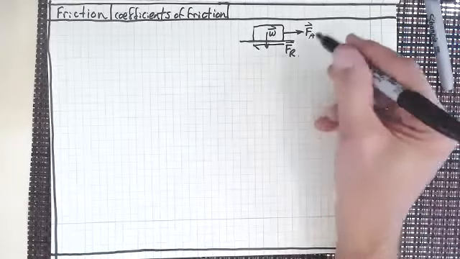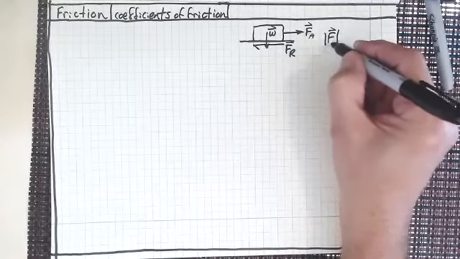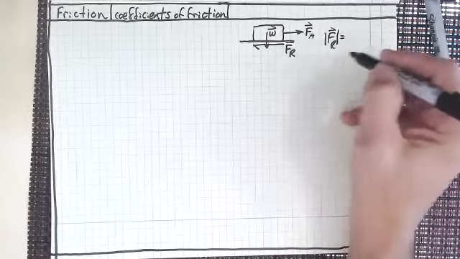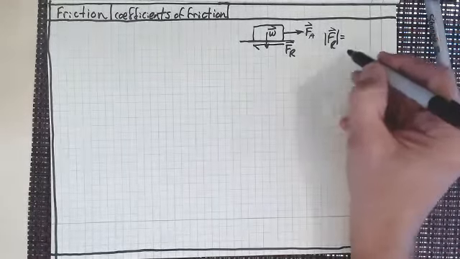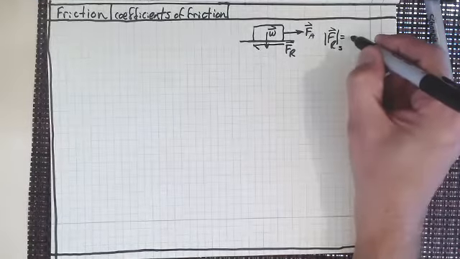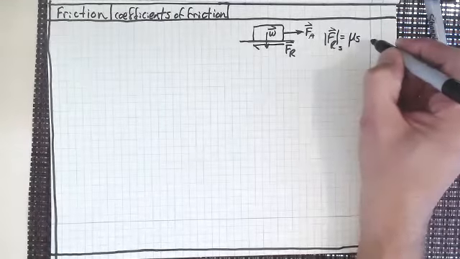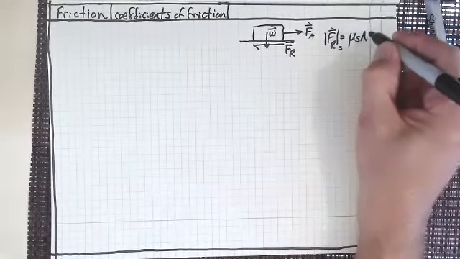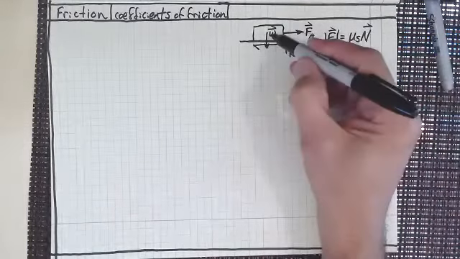Now, how can we figure out what F sub r is? The magnitude of F sub r, and I should say that this would be the static F sub r, is going to be mu sub s times N, N being the normal force that's working against this.